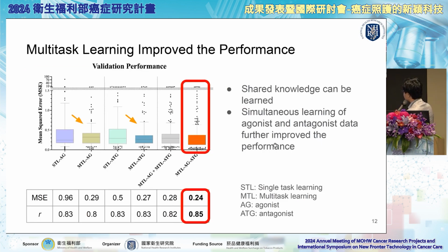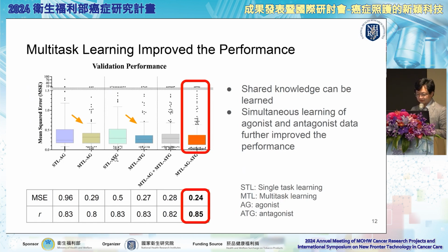Okay, so this plot shows that the multitask learning algorithm did improve the performance, lowering the mean squared error compared to the single task one. So there might be some shared knowledge learned from each other. And also, in the case of antagonist, the multitask learning did improve the performance compared to the single task one.